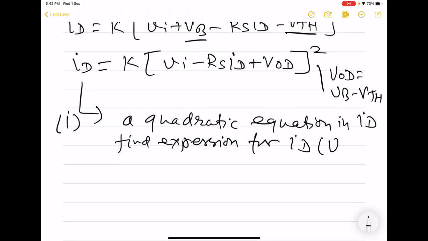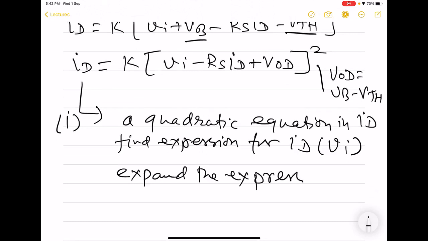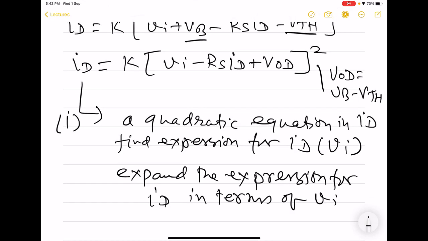This is going to be a function of Vi, and this Vi will appear in a very complicated way under a square root term, and then expand in terms of Vi. So this path is going to be more laborious, so we'll not follow this, but I'm just pointing out that this is one of the ways.